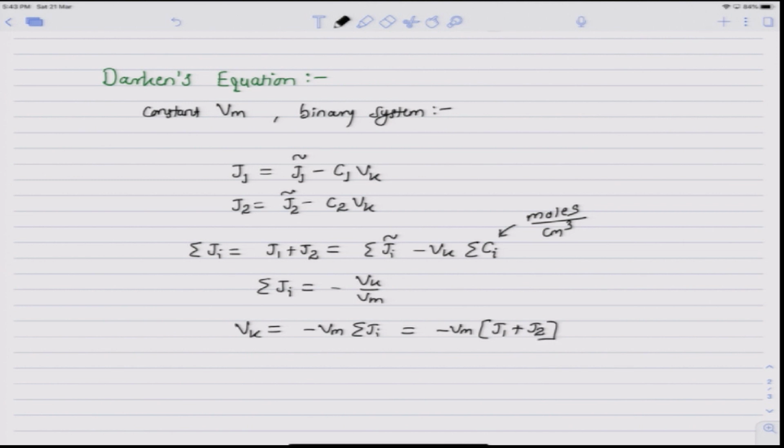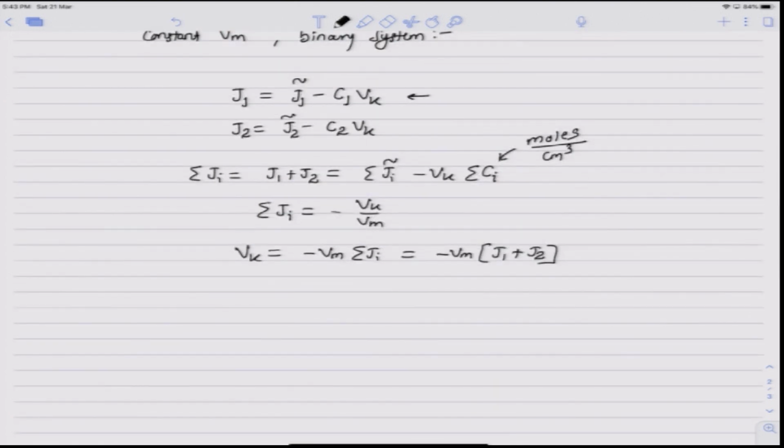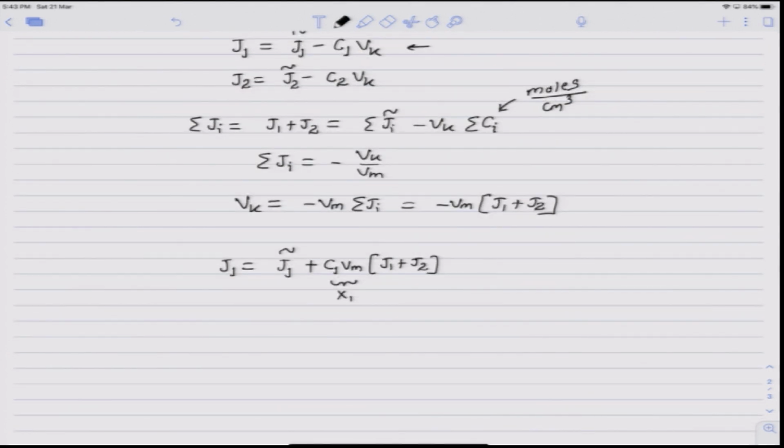So if we substitute back into the equation for J1, we get J1 tilde is equal to J1 plus C1 times Vm times J1 plus J2, but C1 times Vm is nothing but the mole fraction of 1, x1, and if we rearrange the terms, we get J1 tilde is equal to 1 minus x1 times J1 minus x1 times J2, and 1 minus x1 is nothing but x2.